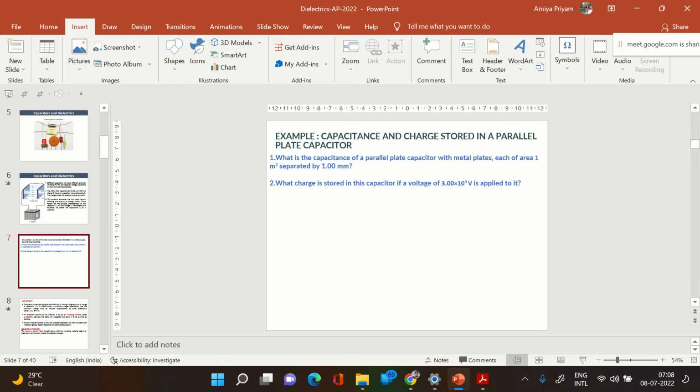You'll find that 1 farad is a very huge number. When you make a parallel plate of 1 meter by 1 meter, a huge structure, and put just a small distance between them, you are still able to store only a very small amount of charge.